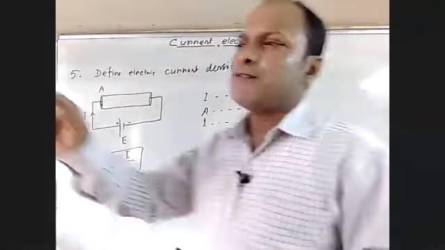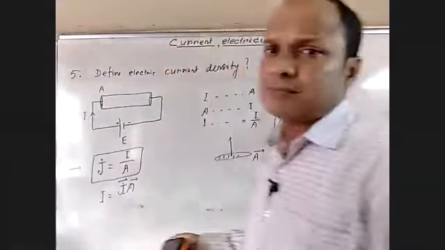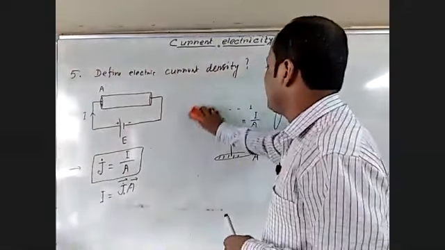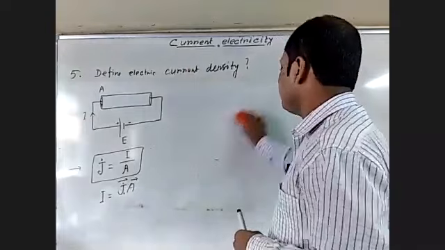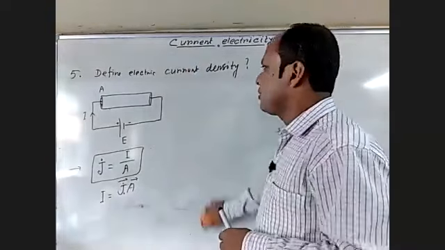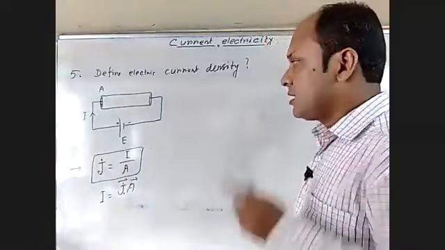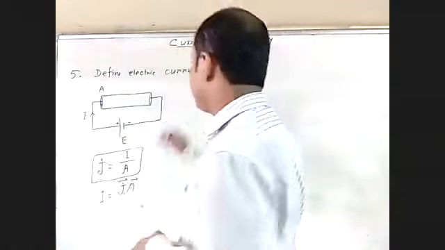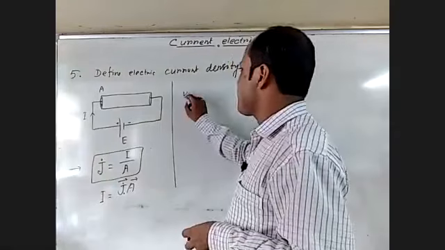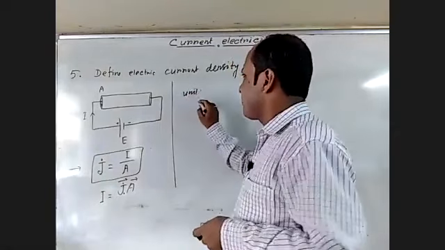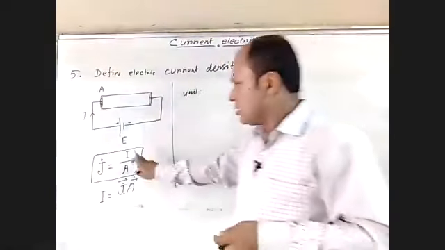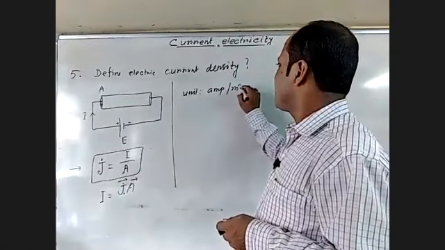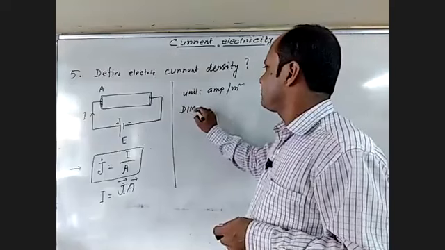Current density is defined as the current flowing per unit area of a conductor. Unit, what will be the unit? Ampere per meter square. What is the dimension?